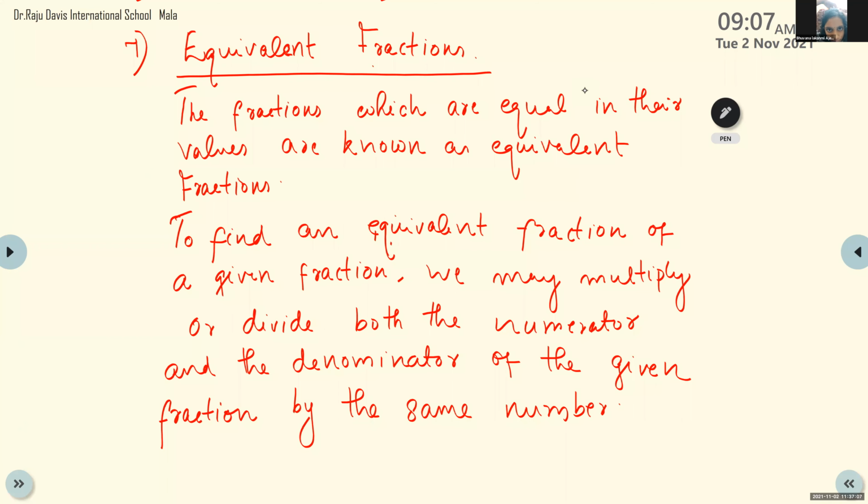Blessing, Brightlin, Catherine also absent. Chinmay is present. Dia, present, ma'am. Isha, present, ma'am. Gautam, present, ma'am. John, present, ma'am. Pavitra, present, ma'am. Neha, present, ma'am. Praveen, present, ma'am. Razil, absent, ma'am.